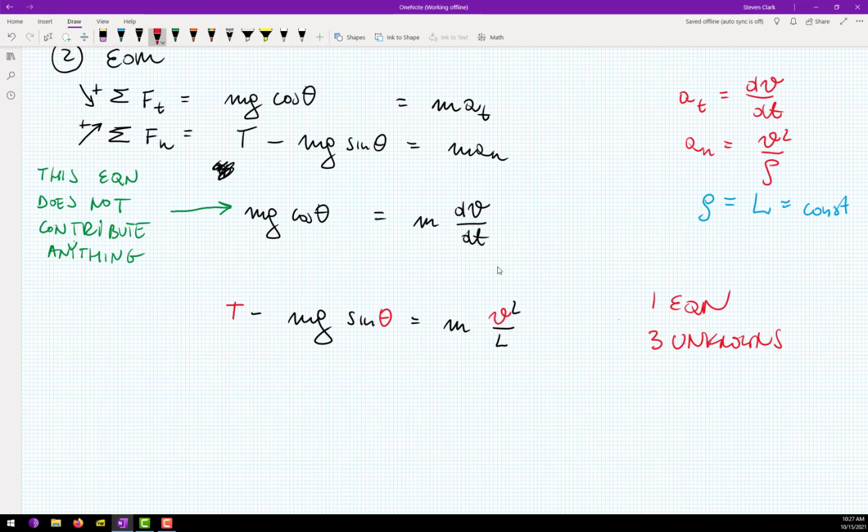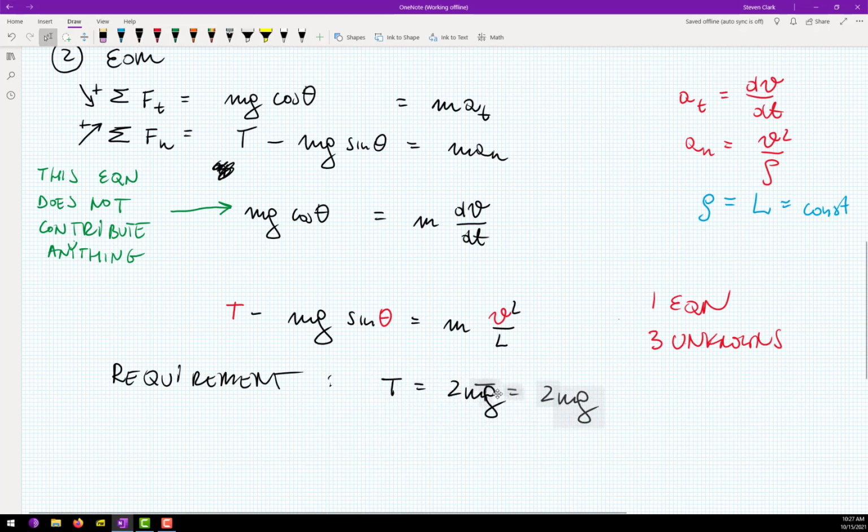However, they told us that our requirement was T equals 2mg. They asked us to find theta star such that T equals 2mg. So let's plug this expression into that one equation above.